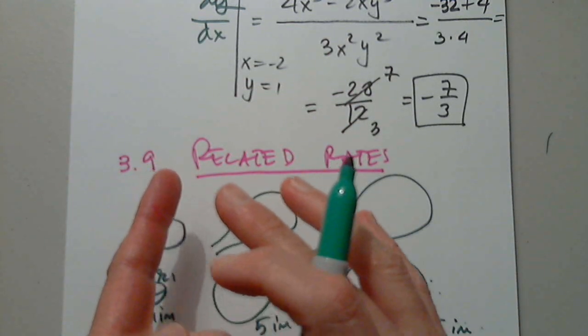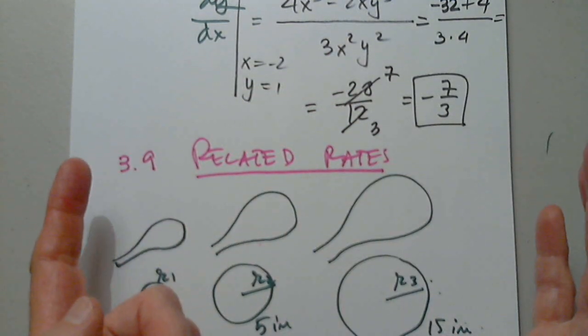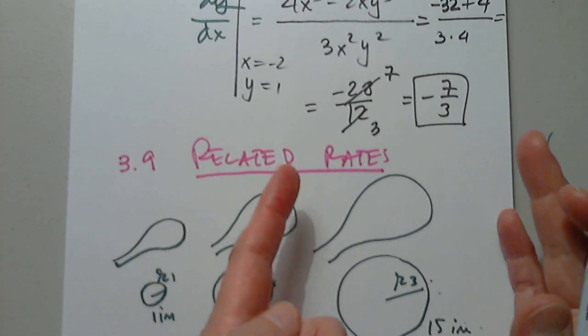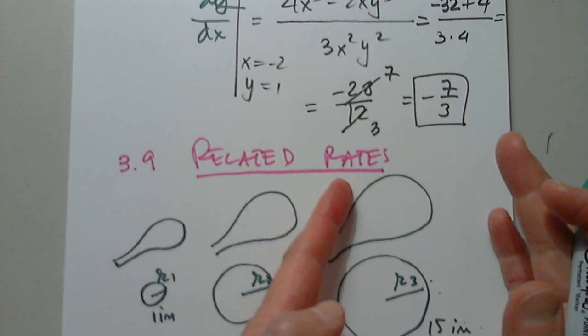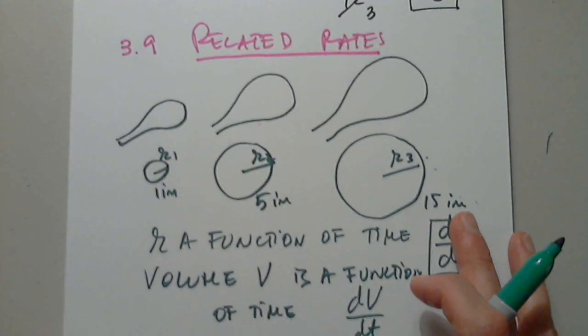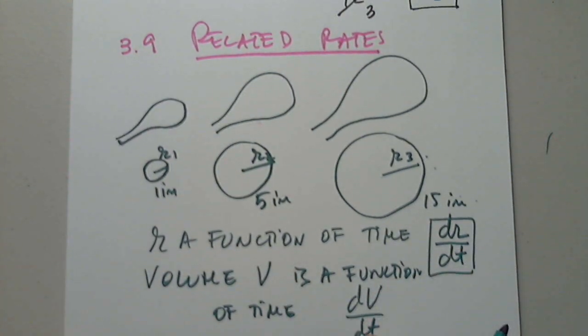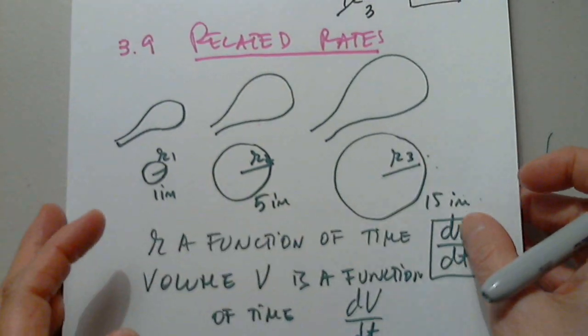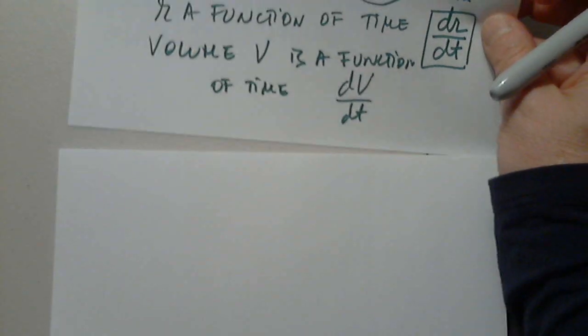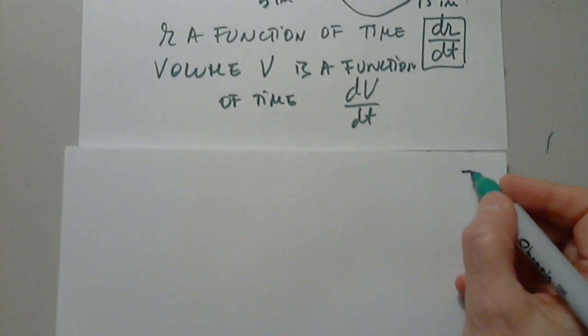So the title should be clearer, I think. Related rates of change. But they just said related rates. So why would dr over dt and dv over dt be related? Very simple. Because they are related anyway, before they become functions.